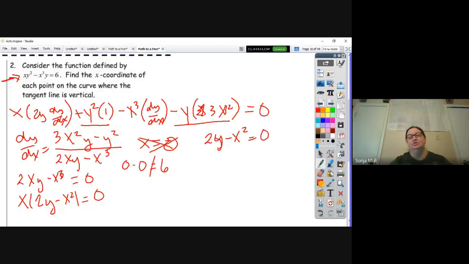I'm going to use the zero product property, and I get x equals 0 and 2y minus x squared equals 0. For the x equals 0 one, if I plug 0 into my original equation, I get 0 minus 0 equals 6, and that doesn't work, it equals 0. So this is an extraneous solution, and so it's not a solution.